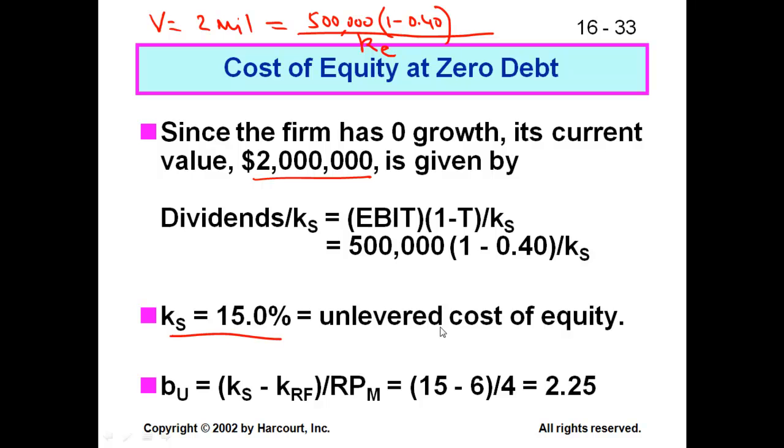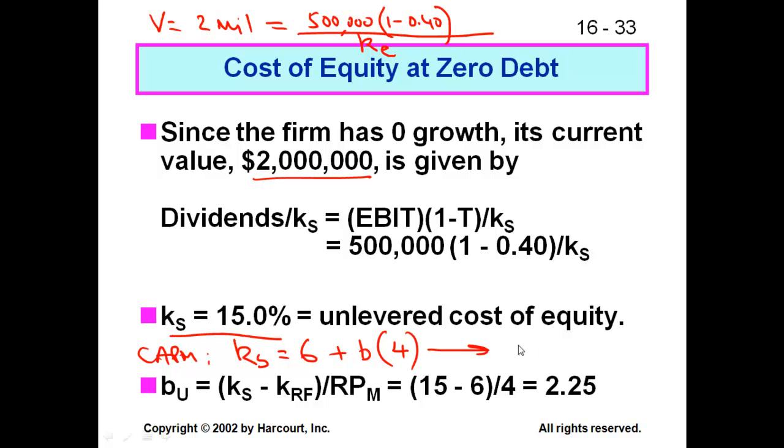There is no leverage. Now given this, can you calculate the beta of an unleveraged company? You can, using CAPM. So your CAPM said that the cost of equity is equal to the risk-free rate, which we said was 6%, plus the beta multiplied by the risk premium, which was 4.